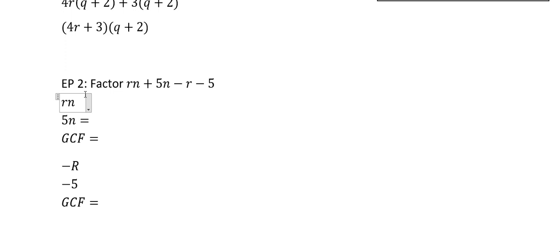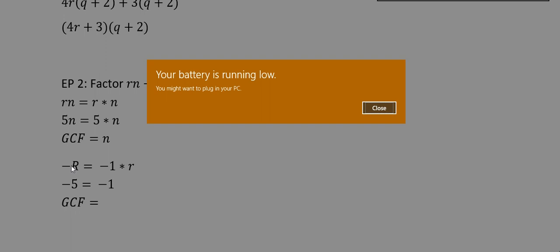Alright, so Rn, nice and easy, is just R times n. 5n is just 5 times n. So what do those have in common? It's just going to be the n. Okay, then when we come down here, negative r would be negative 1 times r, and negative 5 is going to be negative 1 times 5.